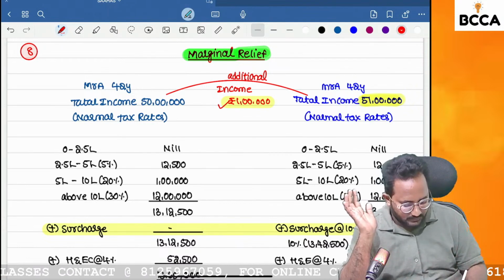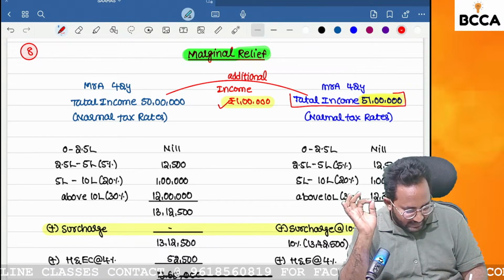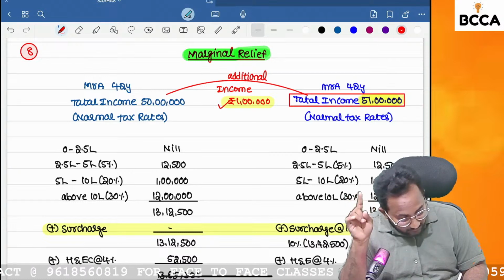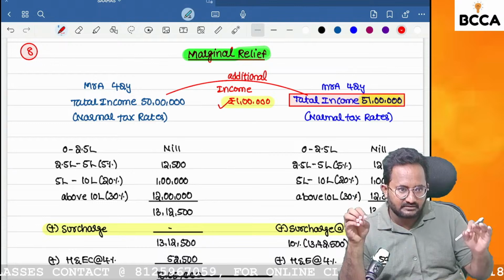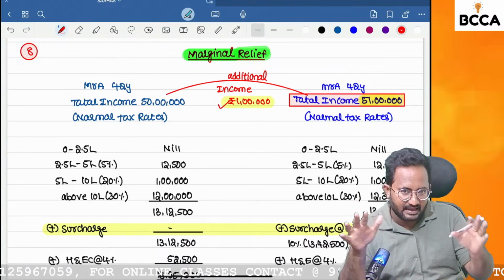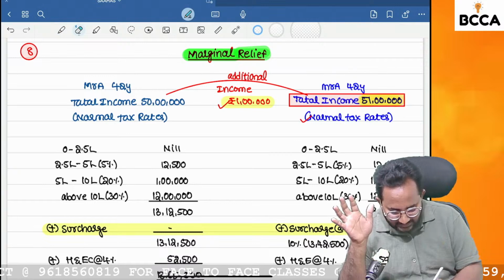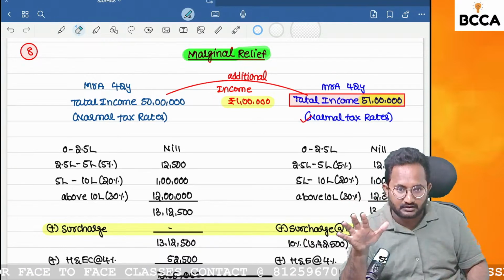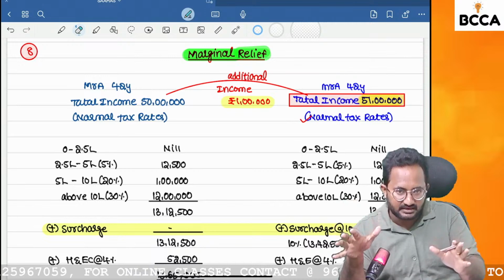Next one. Suppose in an examination, they will give you a question: compute the tax liability on 51 lakh. So they will give you as an examination question, please compute the tax liability of Mr. A having 42 years of age and he followed the normal tax rate. Like that only they will give you that question. They don't want to give you the question as directly calculate the marginal relief.